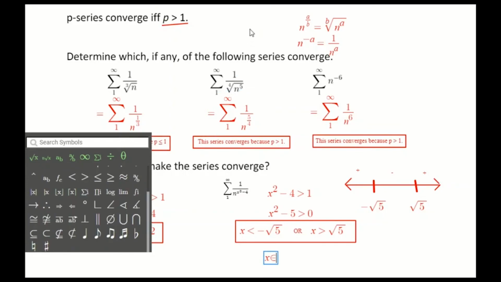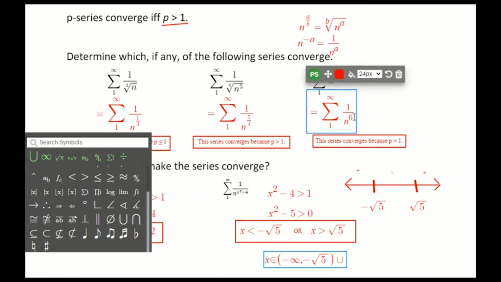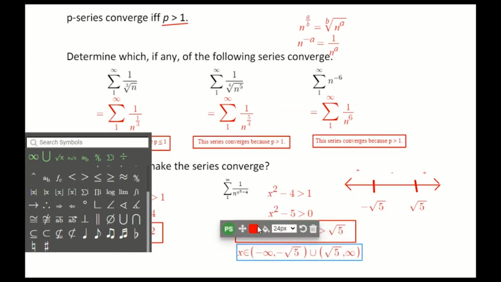So x is an element of the set negative infinity, comma, negative root 5, union positive root 5, comma, infinity. Either way you want to write this is fine. They mean essentially the same thing. I just want to give you some choices here.